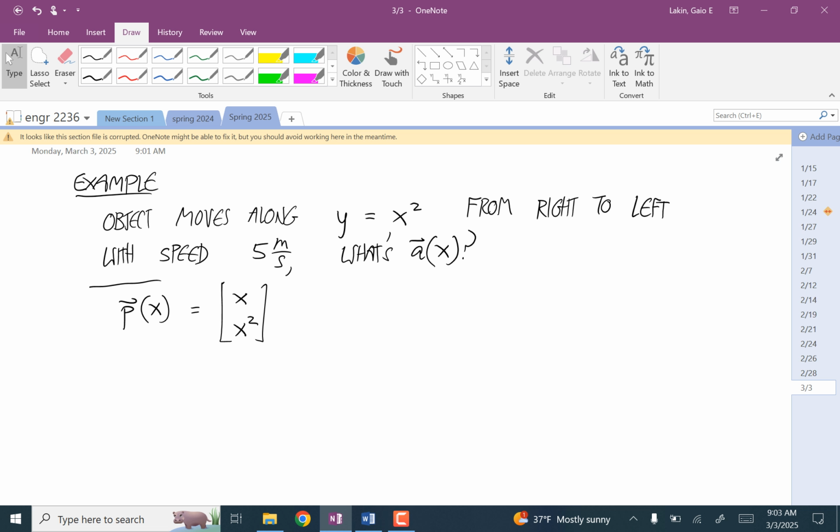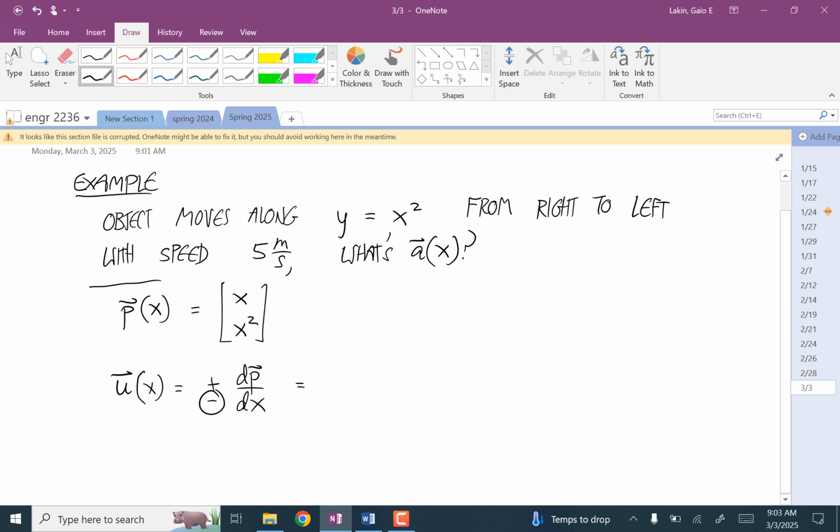And then a vector that's tangent to the path, I'm going to call it u, at any x value, it's always going to be plus or minus the derivative of this with respect to the parameter. If it's going from right to left, we're going to take the negative of that.